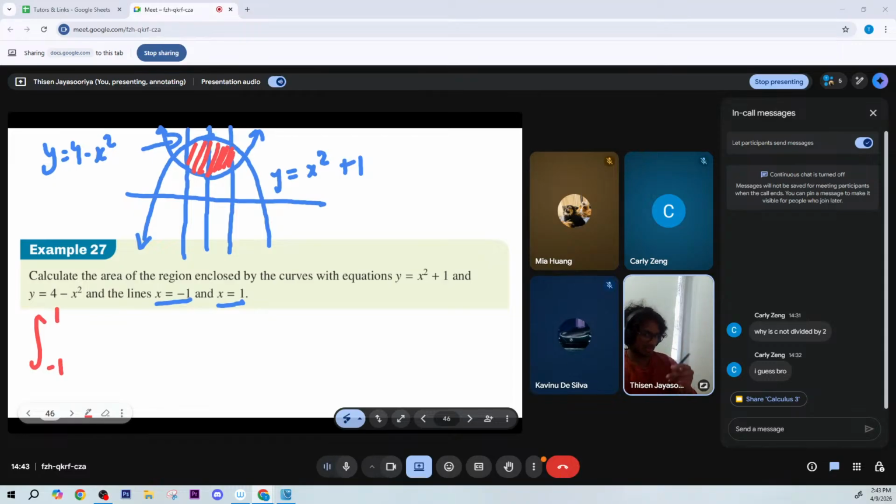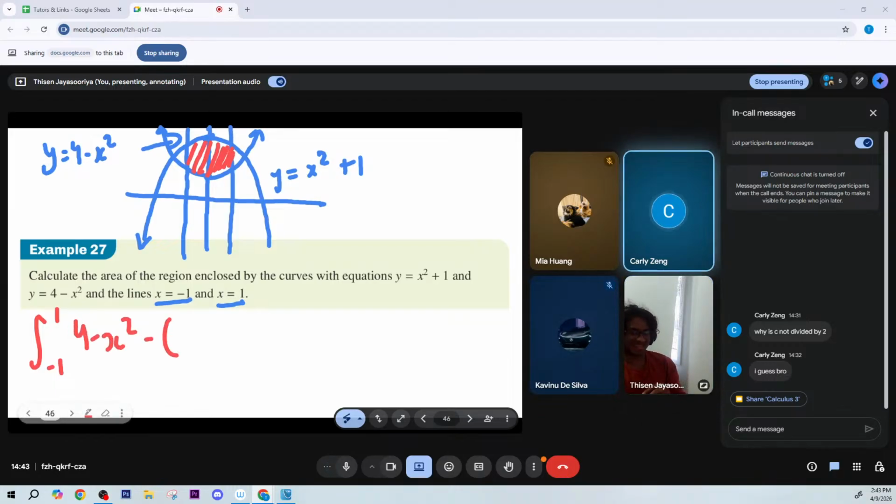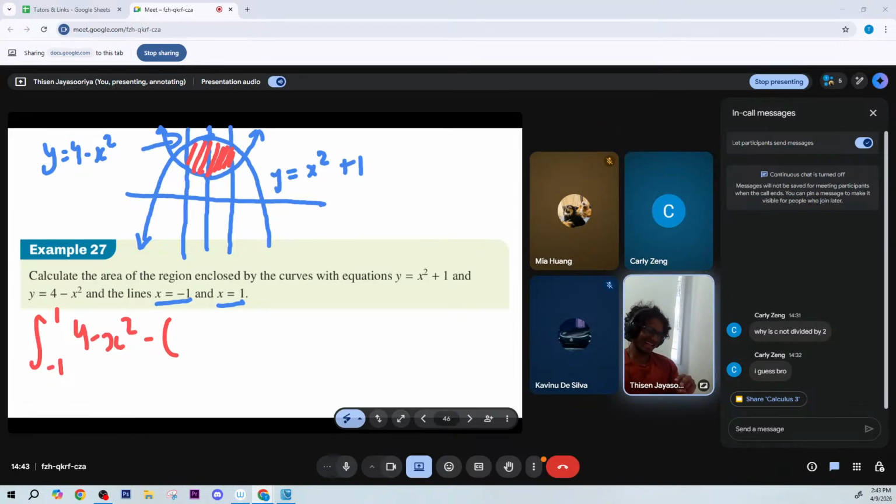Carly, what's the top function here? Um, 4 minus x squared. Yeah. And Kavinu, what's the bottom function here? X squared plus 1.